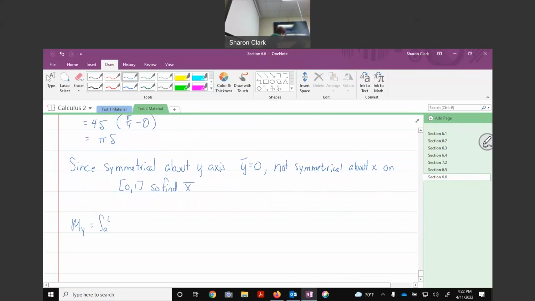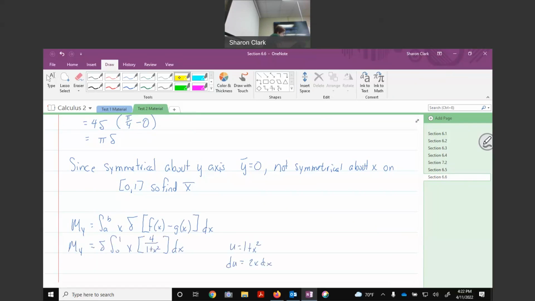My equals the integral from a to b of x times delta times f of x minus g of x dx. So My equals delta times the integral from 0 to 1 of x times 4 over 1 plus x squared dx. All right, we're going to let u equal 1 plus x squared, and du equals 2x dx.